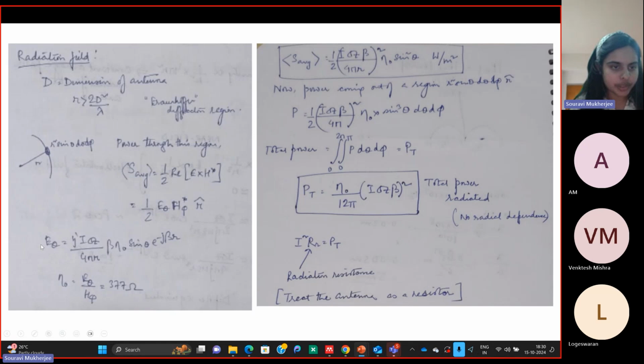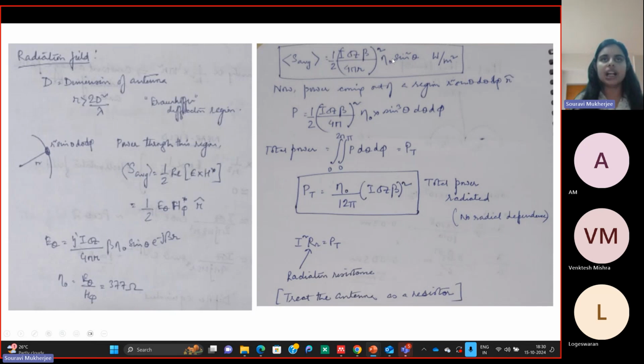So you write the expression for the electric field and the magnetic field and do a cross product, and this is how the expression will look. You can see this sine squared theta coming up here, so it does have a theta dependence when we look at the average power that is radiated.